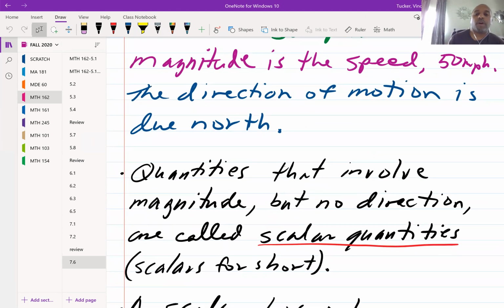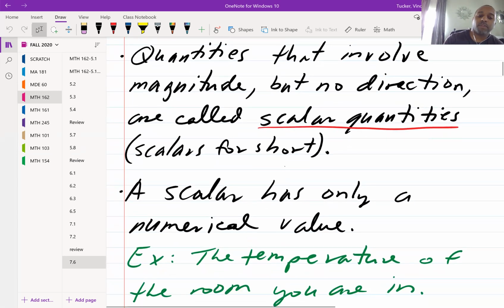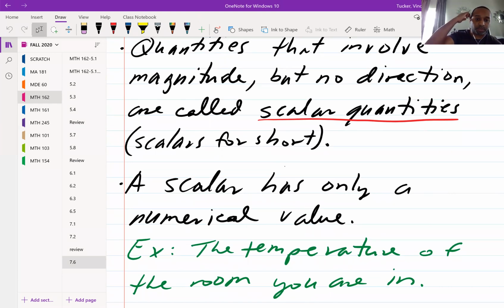Quantities that involve magnitude but no direction are called scalar quantities, or scalars for short. A scalar has only a numerical value. An example of that is just the temperature of the room that you are in.